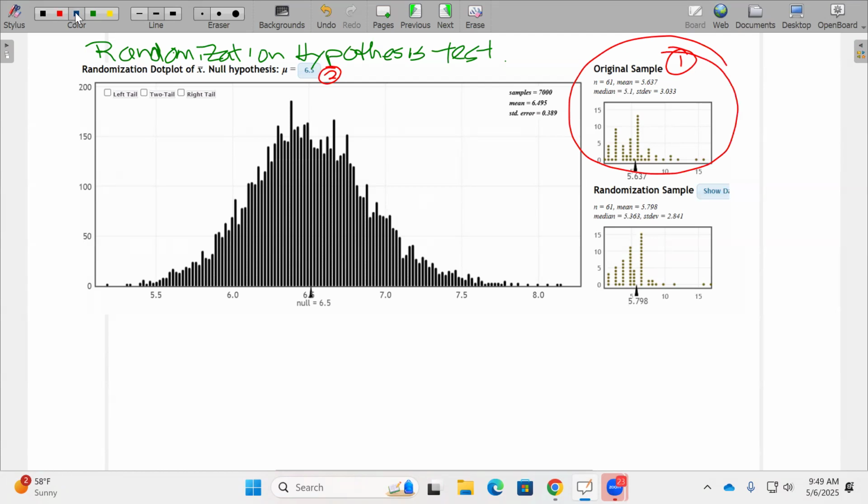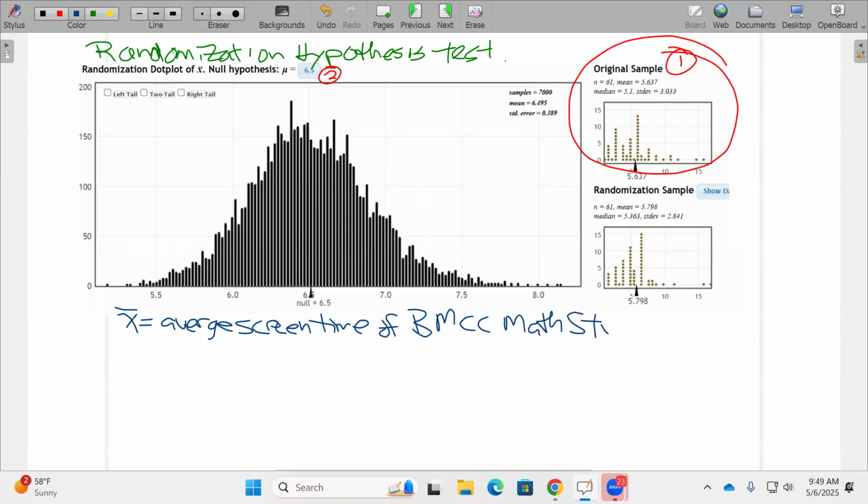So some things I should point out here. I have a variable X bar, and that is the average screen time of the BMCC math students, and it's in hours per day.